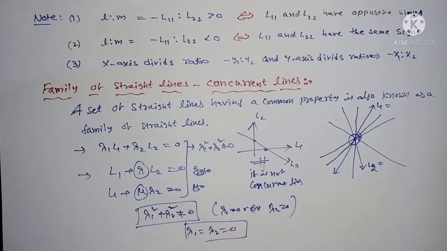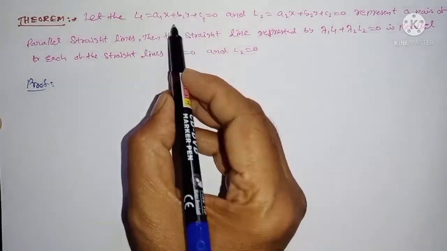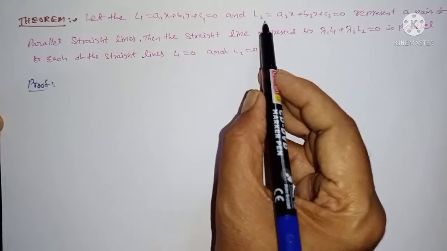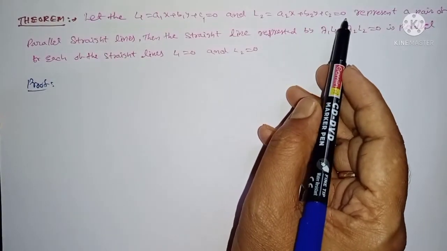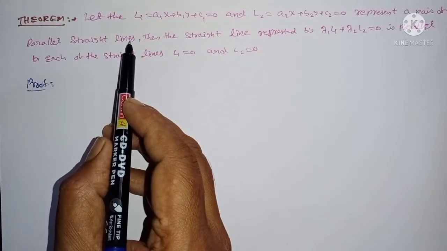Okay, next, there is one theorem that depends on these concurrent lines. Next theorem: let L1 is equal to a1x plus b1y plus c1 is equal to 0 and L2, a2x plus b2y plus c2 is equal to 0, represent a pair of parallel straight lines.